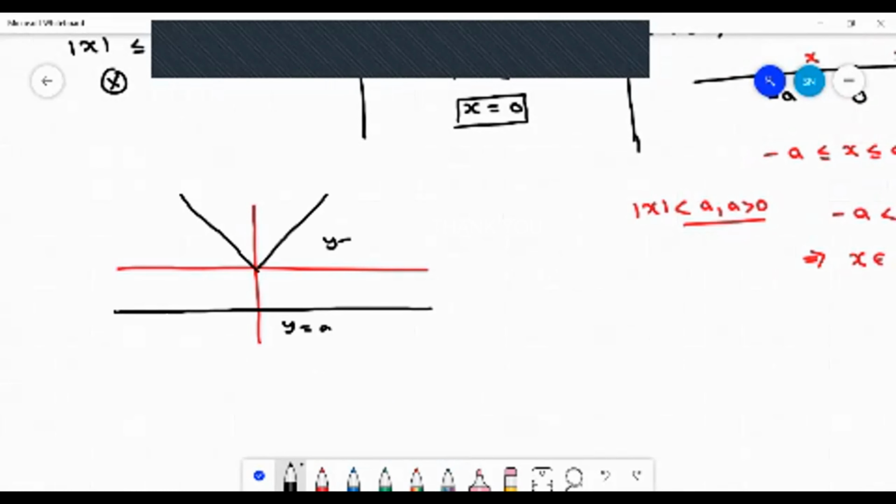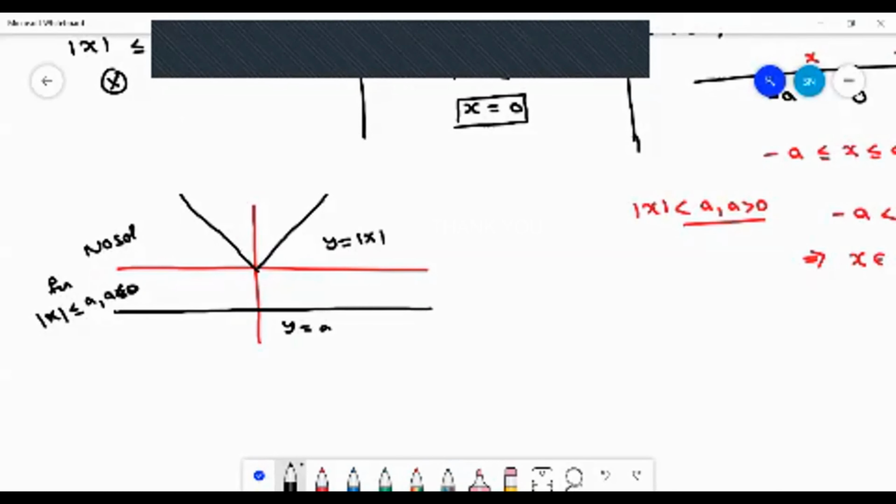Y equal to modulus of x. So modulus of x is always greater than a. So then no solution in this case. No solution for mod x is less than or equal to a when a is less than 0.